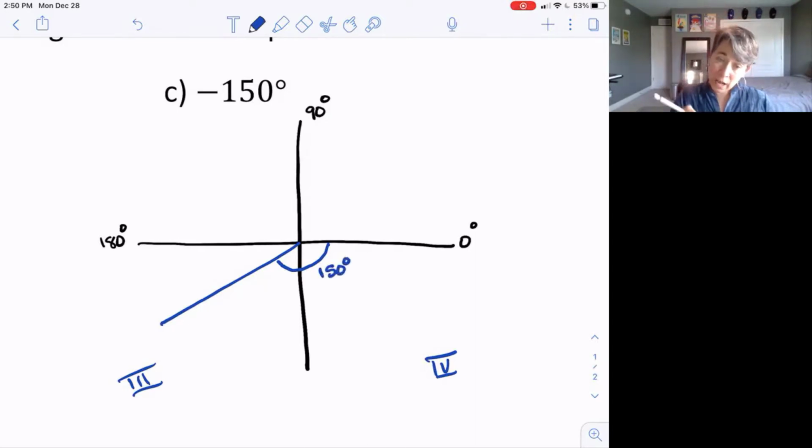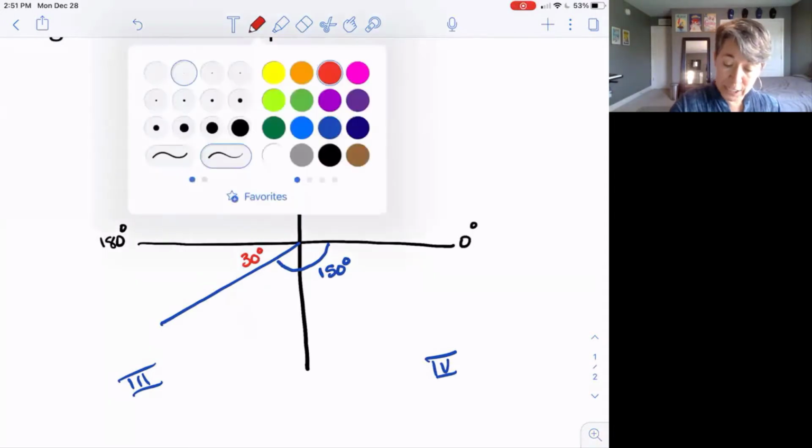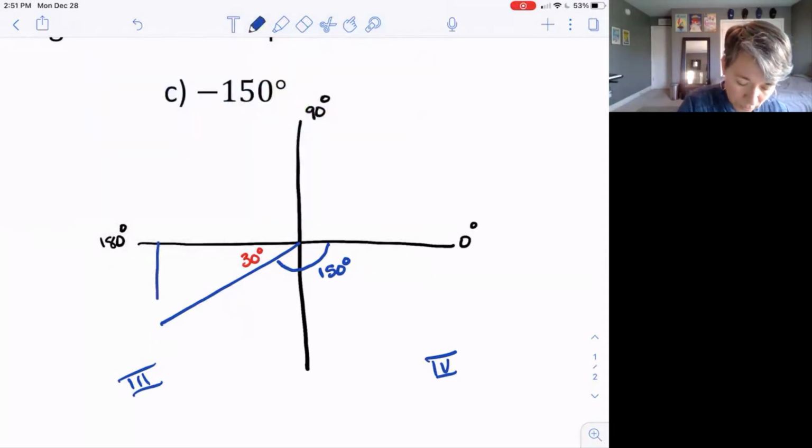So if that's 150 degrees, that means this is left to be 30 degrees, right? Because together they'd have to add up to that 180. 30 degrees is an angle we know, so we can create our right triangle again. The side opposite the 30 degrees is 1/2. And remember, we're in quadrant 3, so that means that y value of 1/2 is going to be negative.